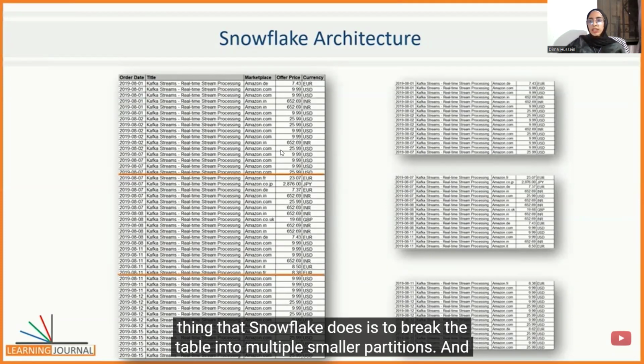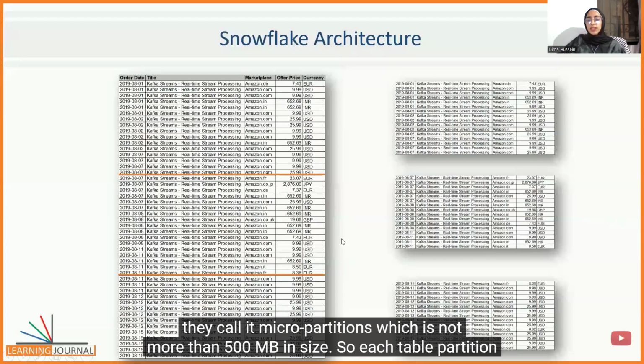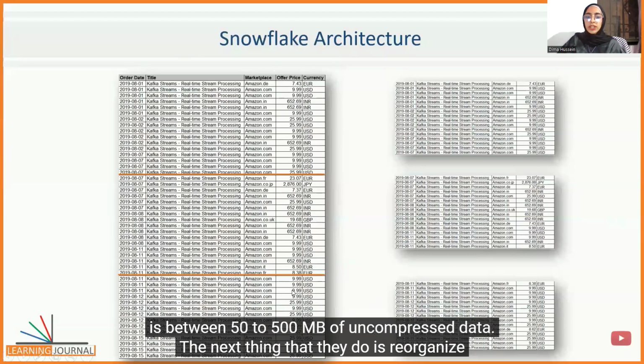As we can see, the table on the left is divided into these three partitions, and these partitions are called micro partitions, which are not more than 500 megabytes in size, like the maximum size. Each table partition is between 50 to 500 megabytes of uncompressed data.